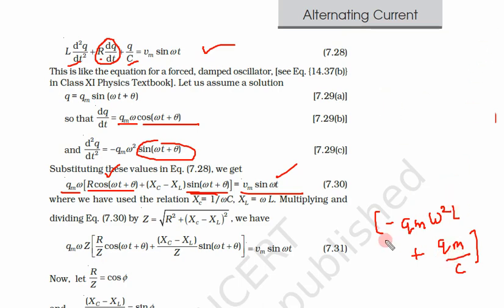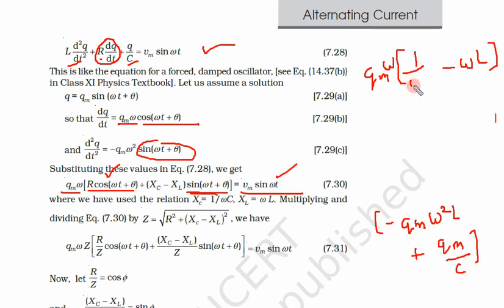If we take qm outside, and also take one omega outside, so qm omega is outside. So what do we get? Minus omega L, and this is qm by c. Qm is already common, one omega we have common, so we have to divide by omega.